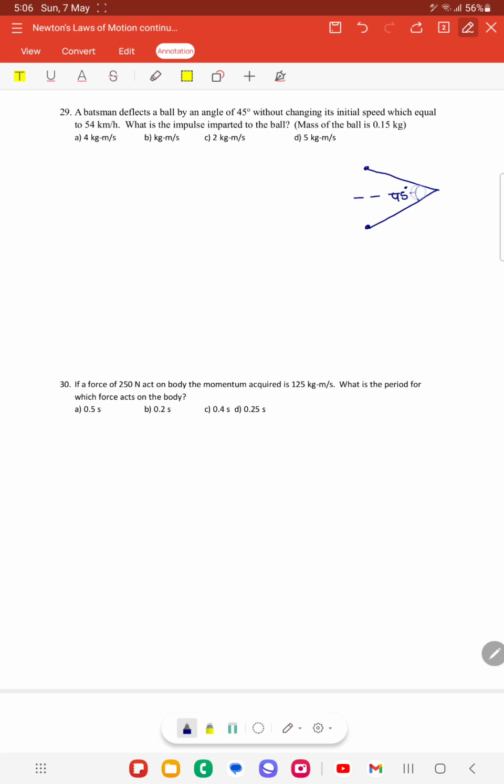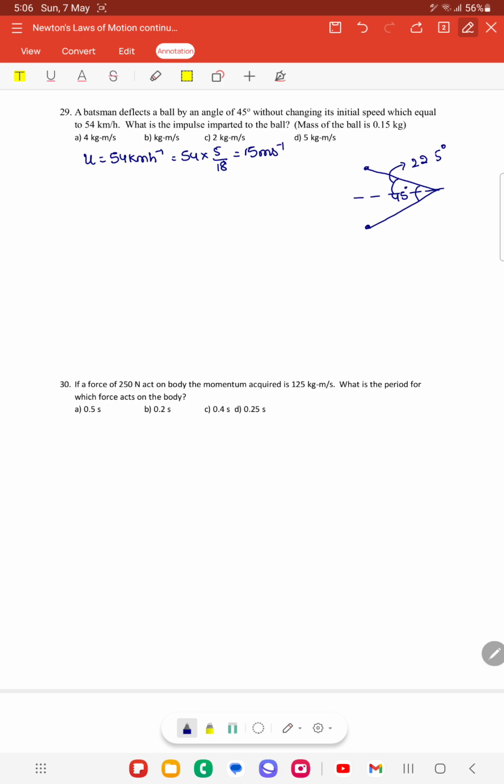So when we consider here, this angle is nothing but 22.5 degree. They have given the speed, let us consider u, 54 km per hour, converted to meter per second, that is 54 into 5 by 18, that is 15 meter per second.